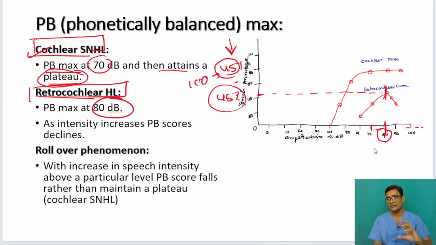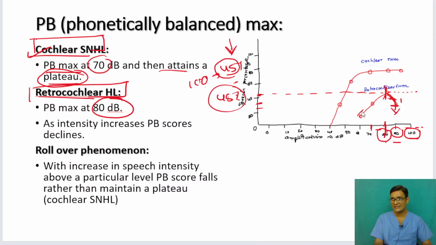But the interesting feature of this is, as you keep increasing to 90 and 100, instead of maintaining a plateau, it is falling down. At higher intensities of sound, the curve is falling down. He is able to repeat fewer words correctly. At 90 decibels, he is able to hear about 38, and at 100 decibels, much fewer.